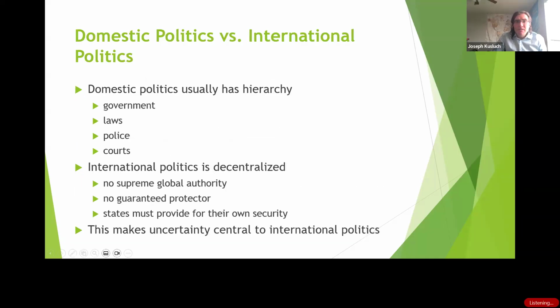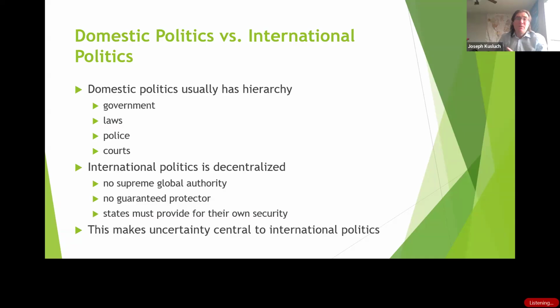This is why realism begins with a sharp distinction between domestic politics and international politics. In domestic politics, authority is usually hierarchical.